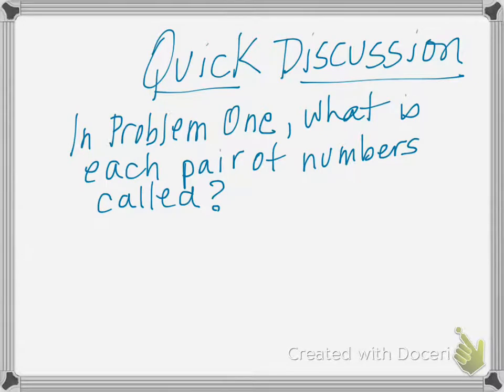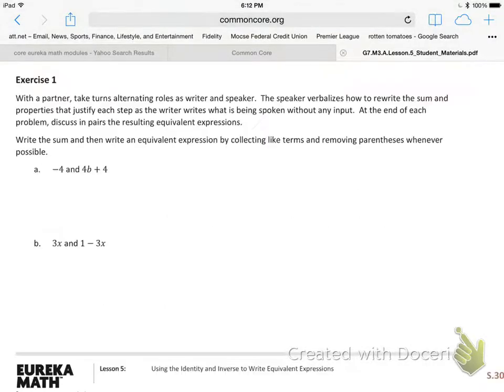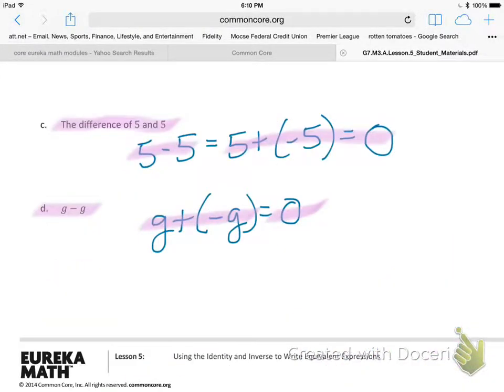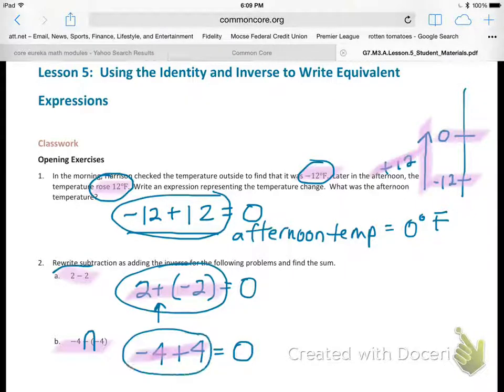Just a couple of discussion questions before we move on to example 1. In problem 1, what is each pair of numbers called? I might have mentioned it already, but what is each pair of these numbers called? Like the 12 and negative 12, the 2 and the -2, the -4 and the 4.